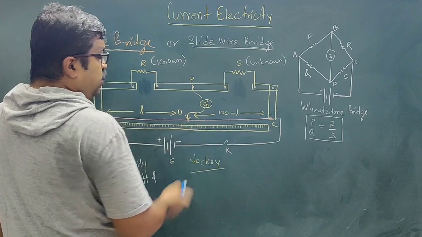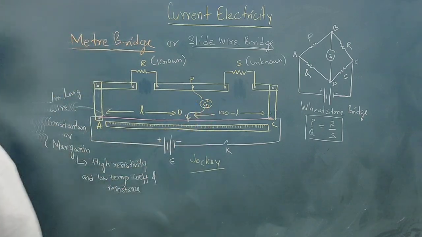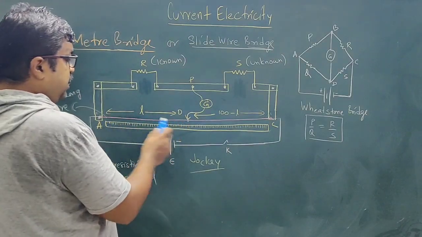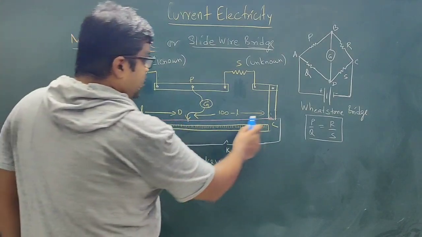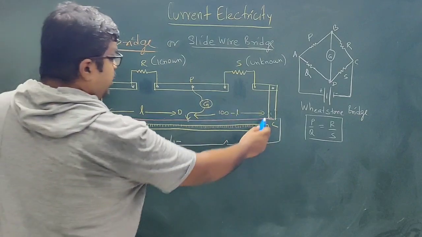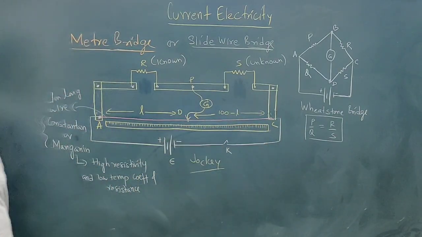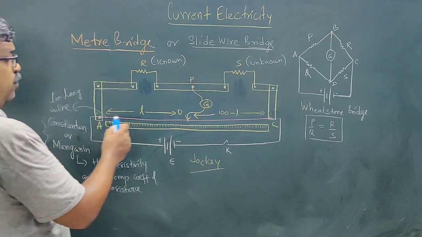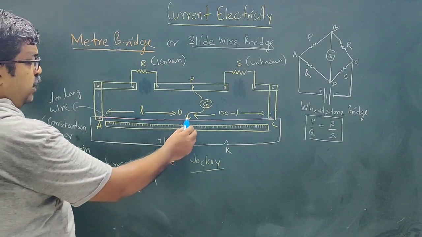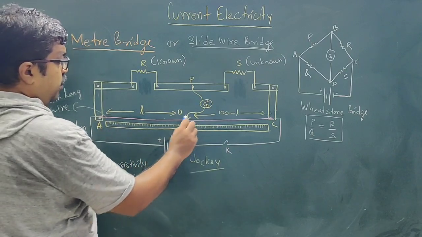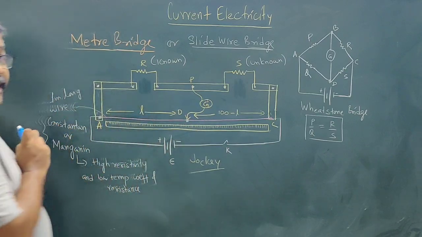Along with this wire, there is a scale, a 1 meter long scale, so we can know the length from this point to this point. Suppose that length is L.